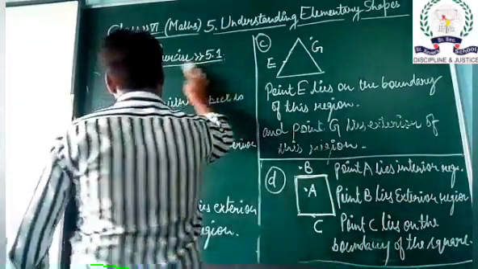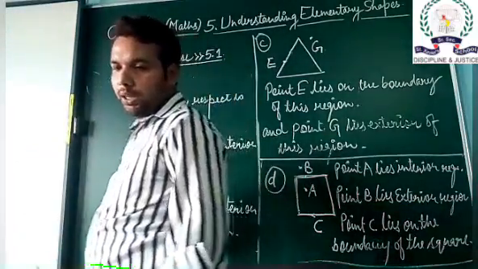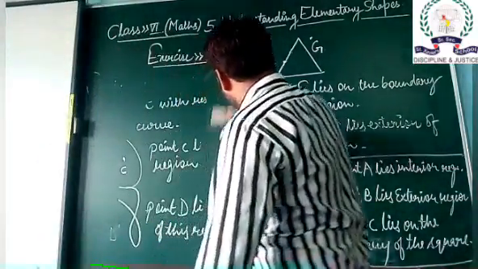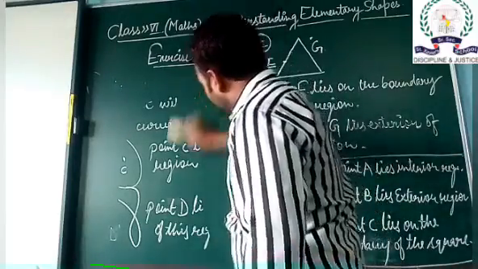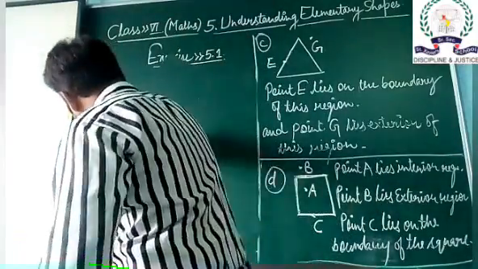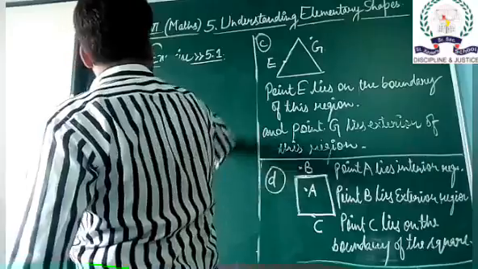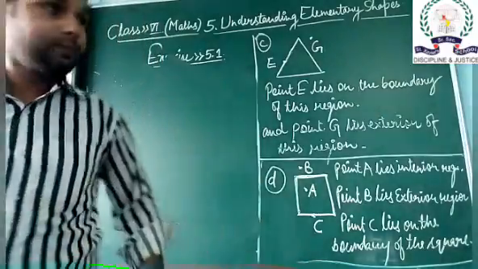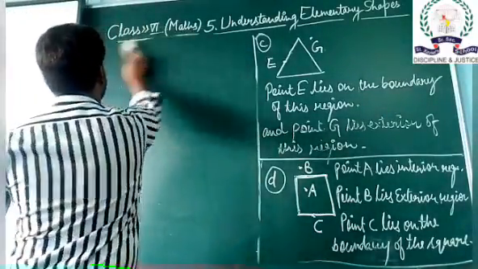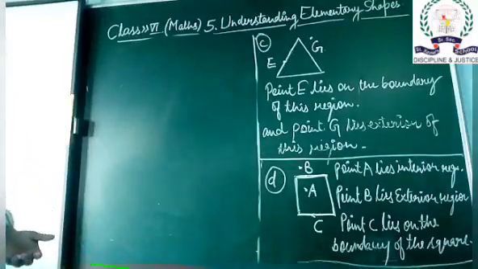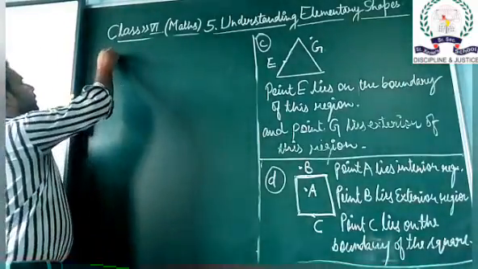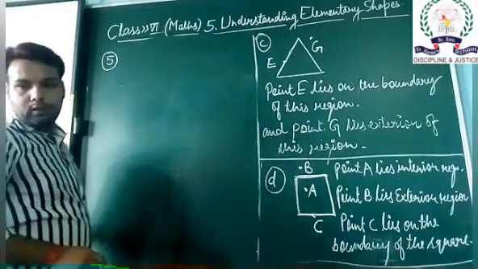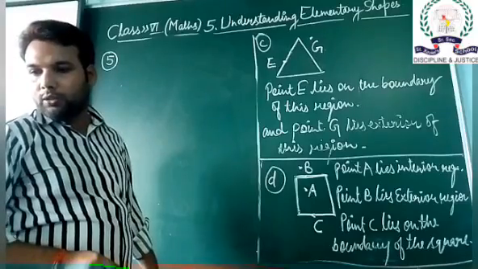The last question is, in this question some polygons are given and you have to identify the given polygon and write their name. Name the polygon shown below.